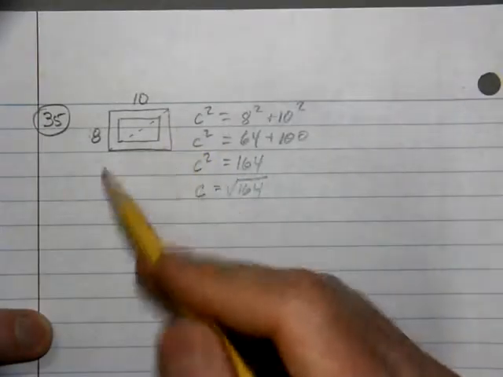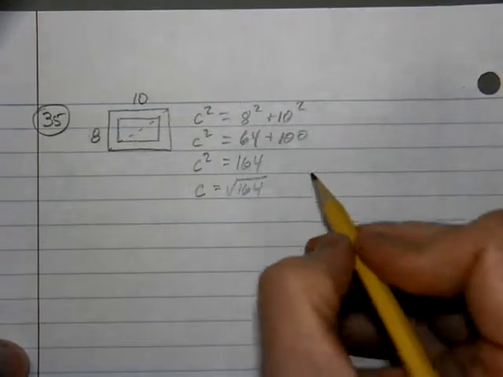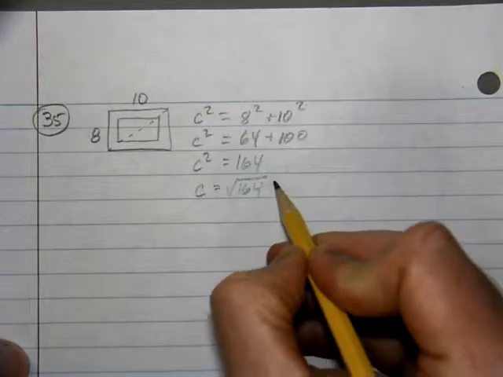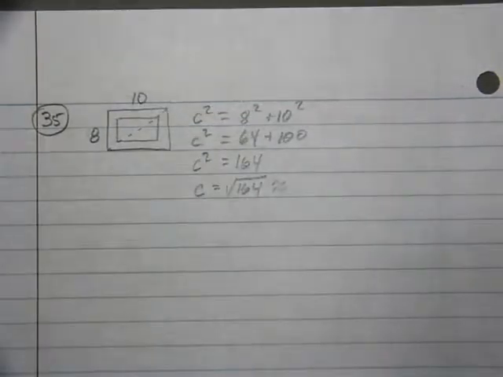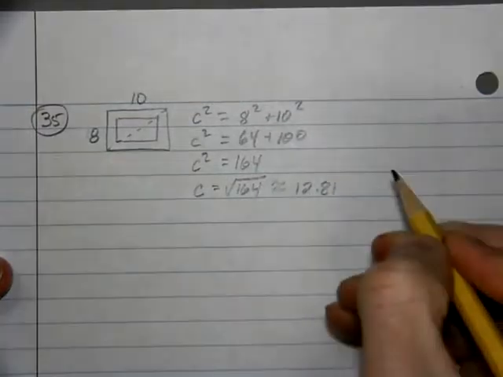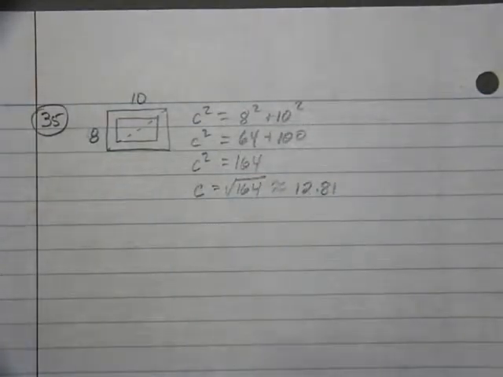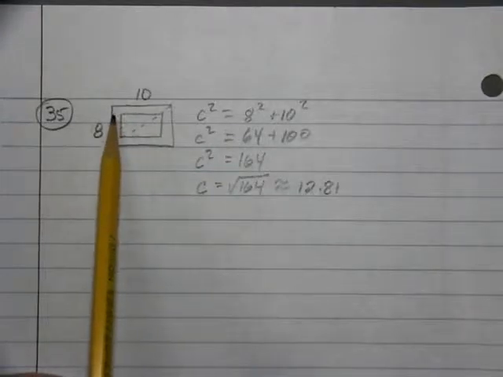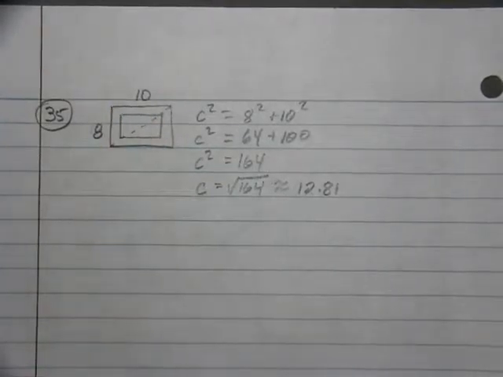If we were using a ruler to help us identify that, we could take the square root of 164 inches, which is going to be approximately 12.81, a little bit over 12 3/4 inches. So that would be a way that you could test to see if that is truly a right triangle, making the sides perpendicular to each other, making your frame 90 degrees in the corner.